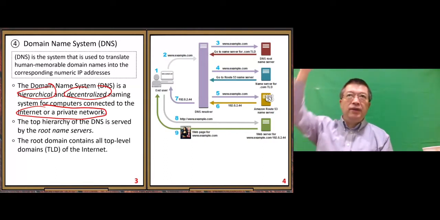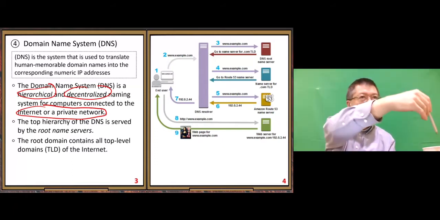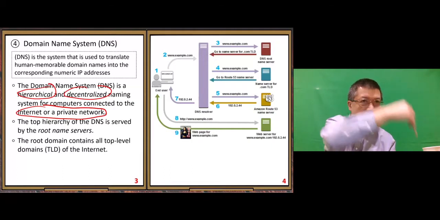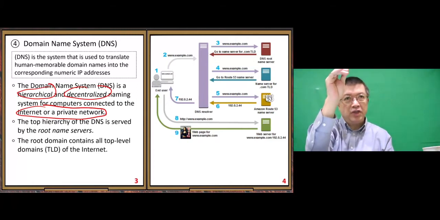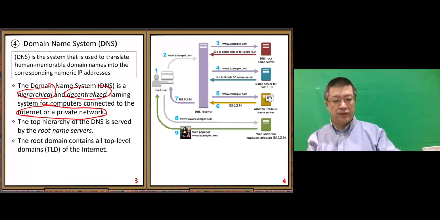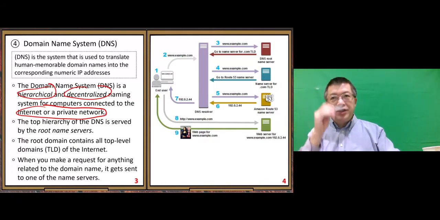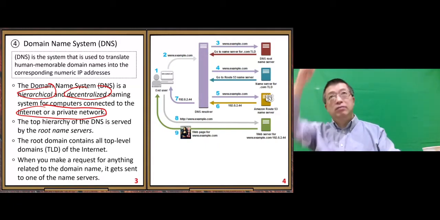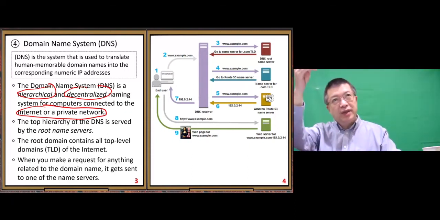Starting from there, it will tell you which name server to go to in the next level, then another level, until you reach your destination. So TLD, top level domain. When you make a request for a domain name, it is sent to one of the name servers, going back and forth many times.